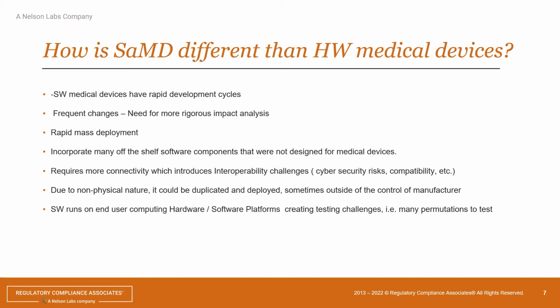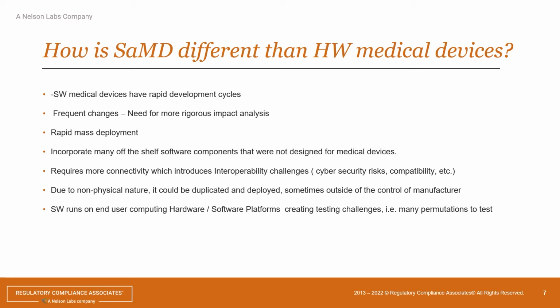Those are the things you definitely need to keep track of. Also, SaMDs run on computing platforms that are supplied by the end users, and they might vary in terms of who the manufacturer of the hardware is, what the versions of the hardware are, and what software is running on those. Those computers may be running other software, so there are a lot of things that bring in challenges.